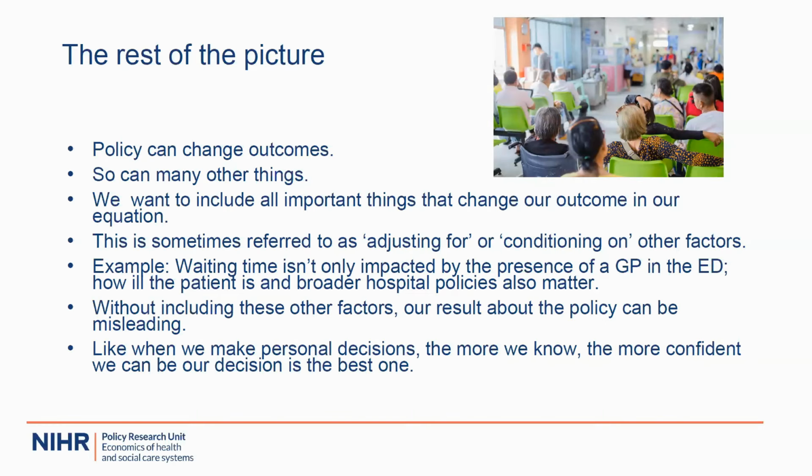That's not the only thing which affects the outcome. And so what we have to do is to try and think about what are the other things which could affect the outcome, what else could impact the waiting time of each patient, as well as the presence of GPs, in order to know that important coefficient, that beta 1, that relationship between GP and the outcome, is more likely to be a true effect, something that we can have confidence in.